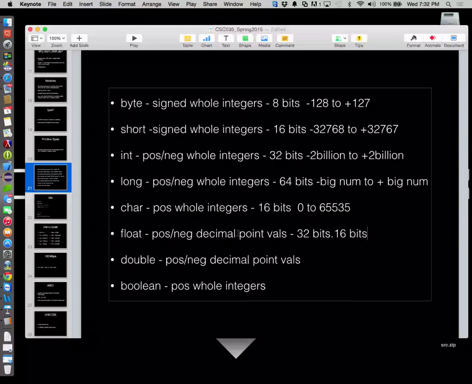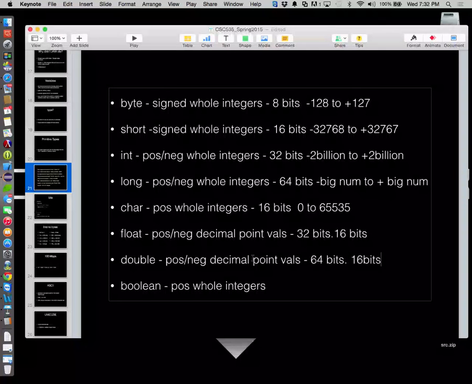Just, I guess, deal. Pretty close. Where a double is 64 bits on the front and 16 on the back. So a float is a decimal point version of an int. A double is a decimal point version of a long. Make sense? So it holds floating point numbers.